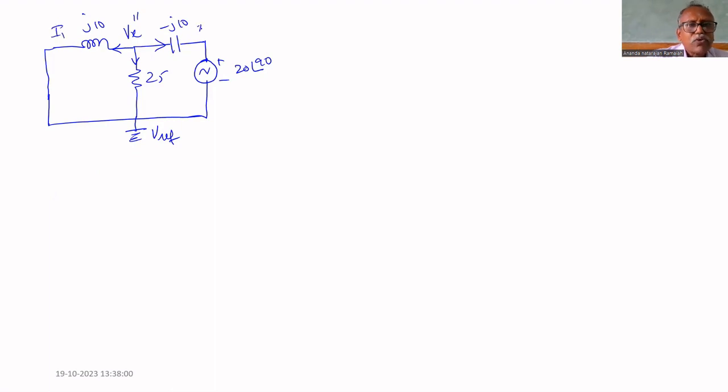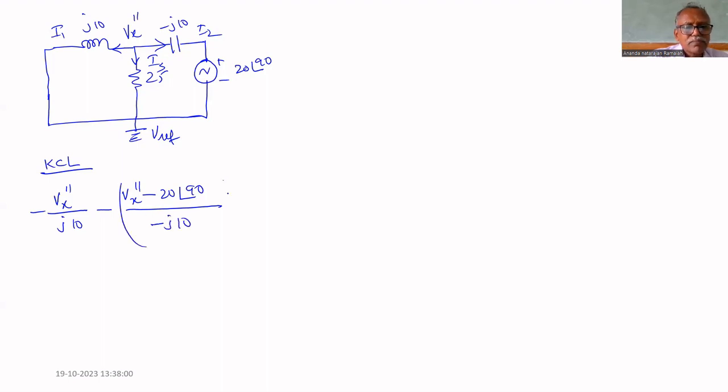Therefore, what are I1, I2, and I3? Apply KCL, Kirchhoff's current law: Vx double dash divided by j10, minus sign, why? Outgoing current. Minus, Vx double dash minus 20 angle 90, divided by minus j10, minus Vx double dash divided by 25 equal to 0.